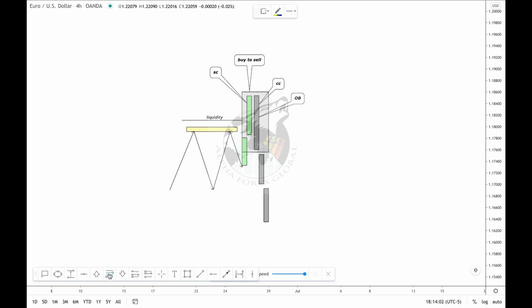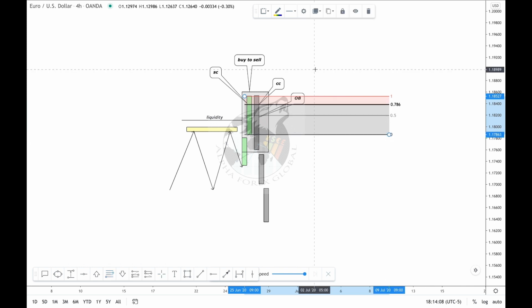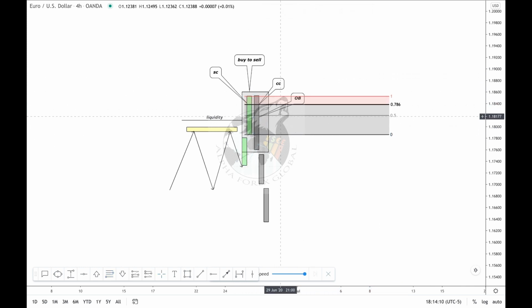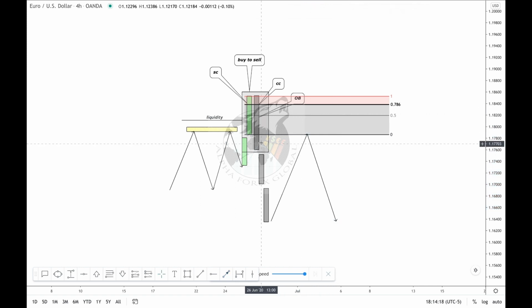Now how we'd enter based off these order blocks as our point of interest is that we highlight the sponsor candle, right? So when the market comes back, it can actually mitigate the sponsor candle. And when I say mitigate, mitigation is basically the market coming back to collect the money from this order block right here when the institutions close their position.